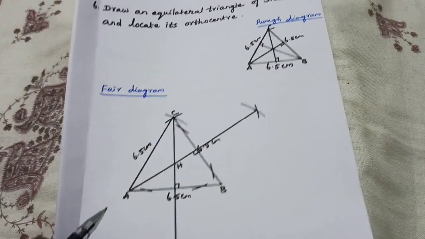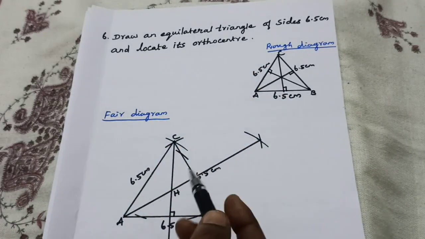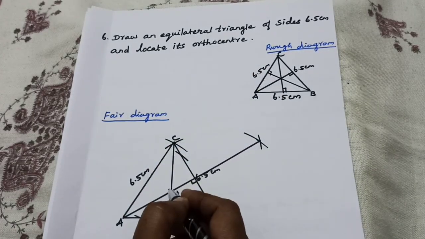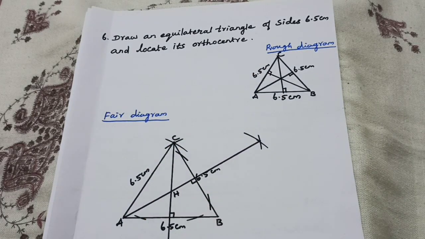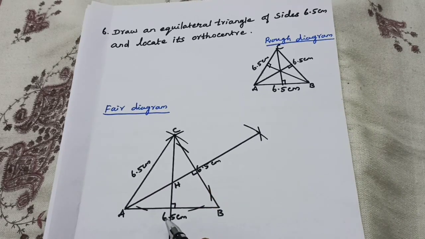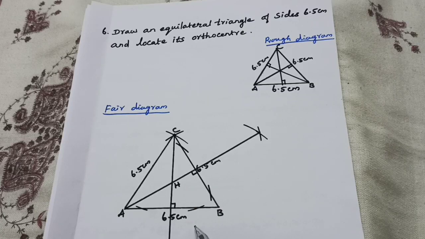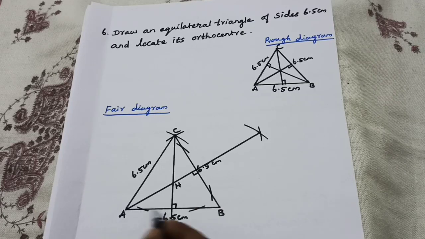Then orthocenter means the point of intersection of the altitudes. What is meant by altitude? The altitude of a triangle is a line segment through a vertex and perpendicular to the line containing the base.